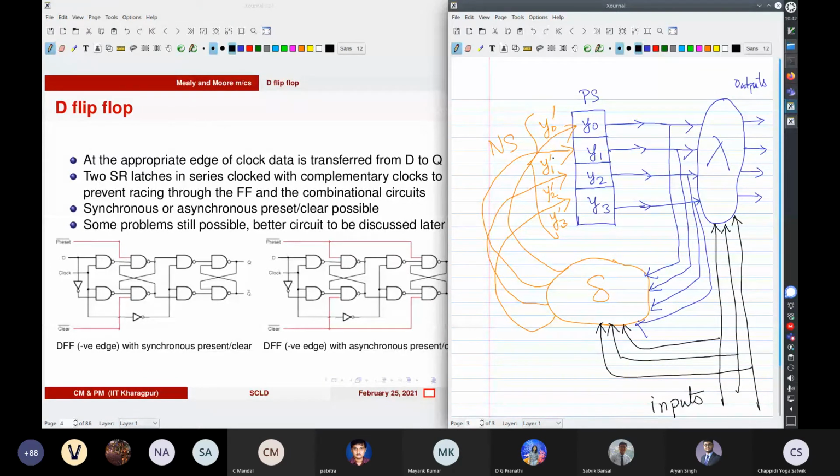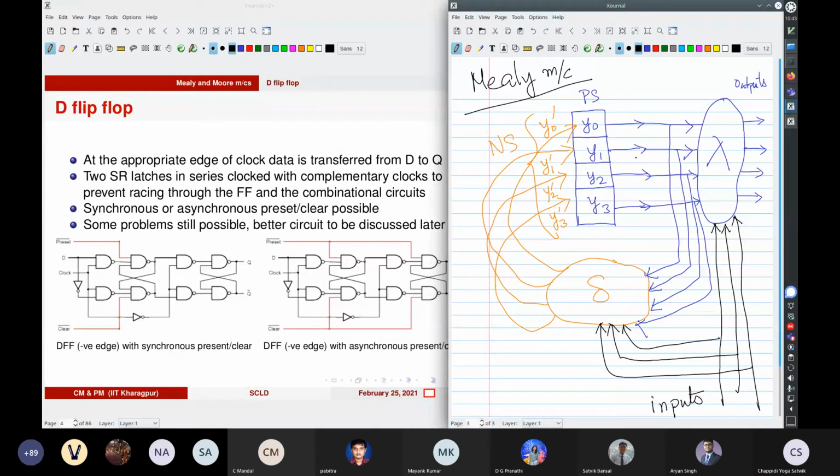So this kind of a machine is called a Mealy machine. Are you clear about what this Mealy machine does?